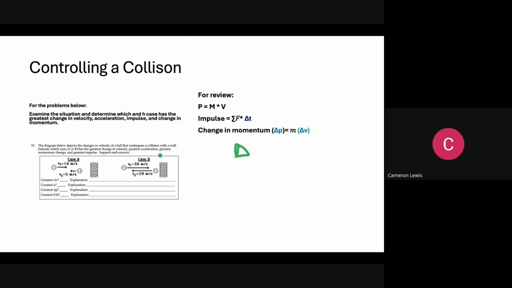Therefore, if it's the same ball, will the balls have the same mass? Yeah, the balls will have the same mass. So in case A and B, we could say that the mass is consistent.